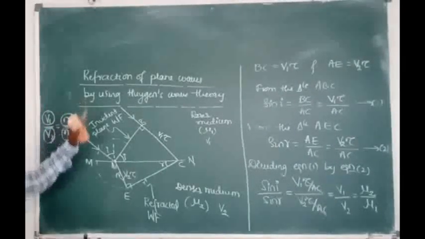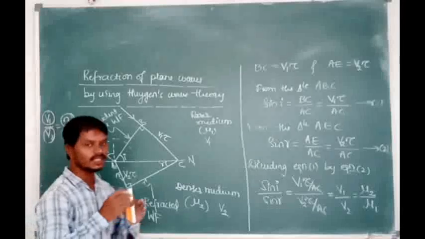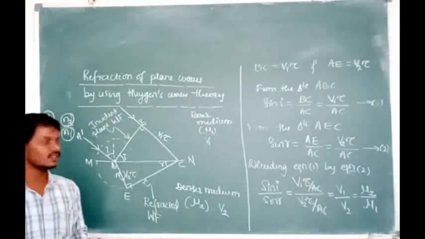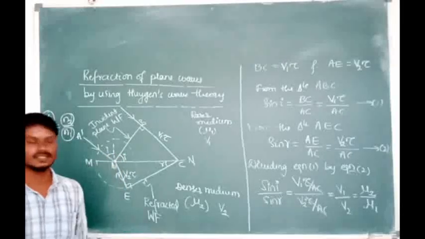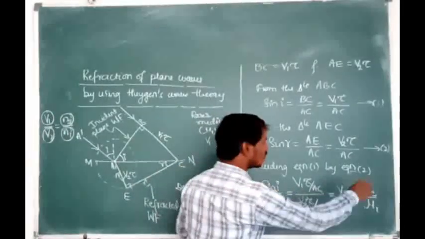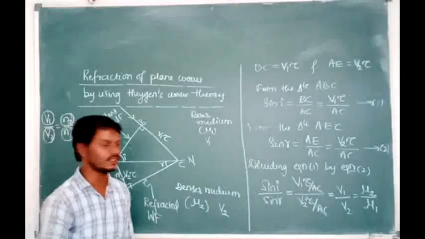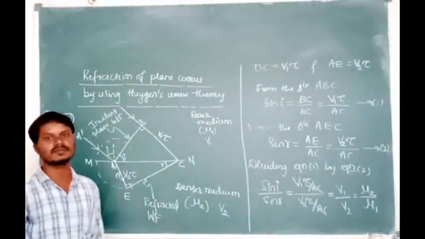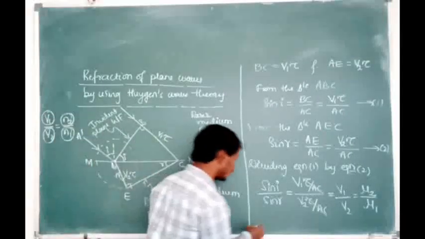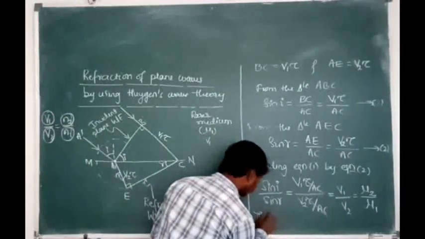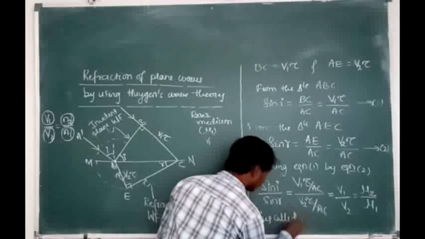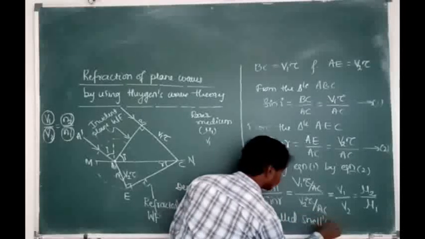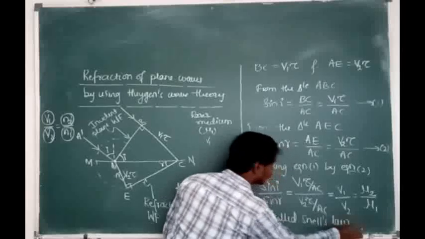They are inversely related, because if the refractive index is high, then the speed is less. This is called Snell's law of refraction of light. It means plane waves, the wavefronts, also obey the law of refraction of light.